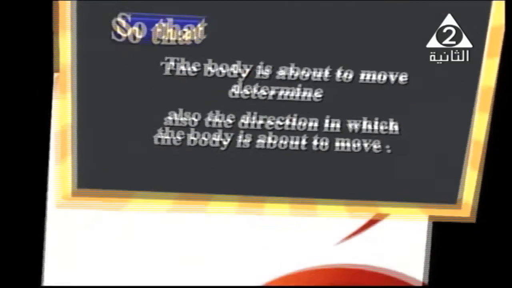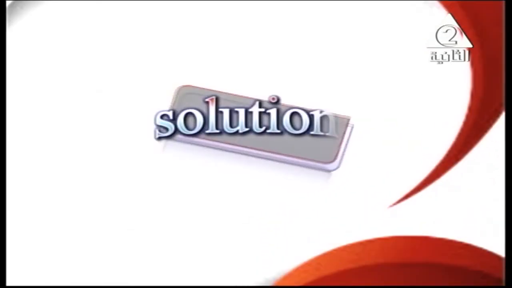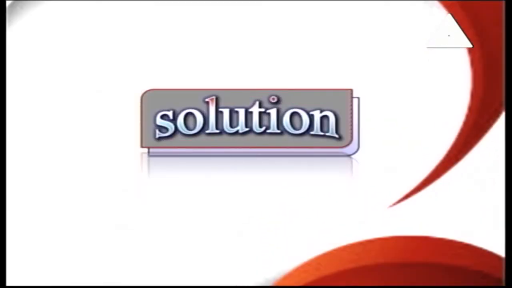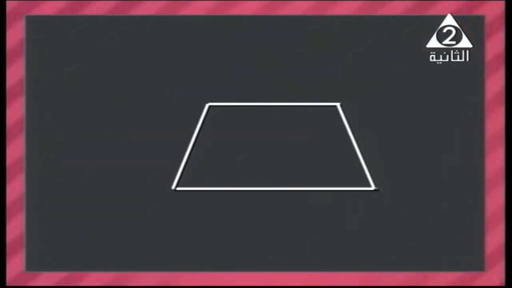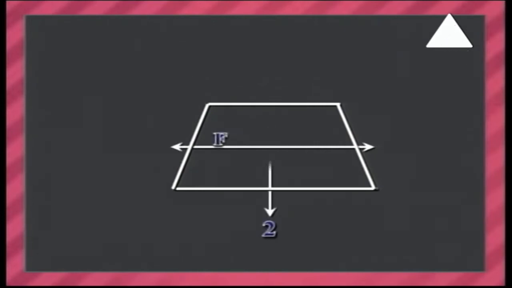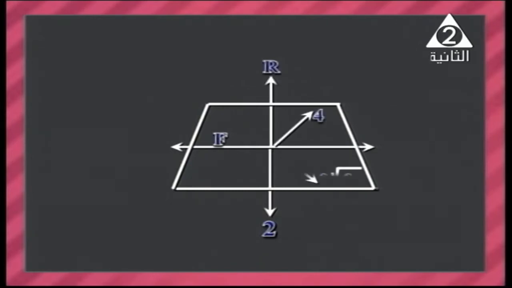My dear student, look at the solution. A body on the horizontal plane, body weight 2 newtons, and two forces 4 and 2√3 act on the body, angle between them 150 degrees.